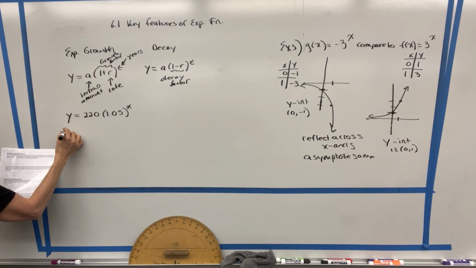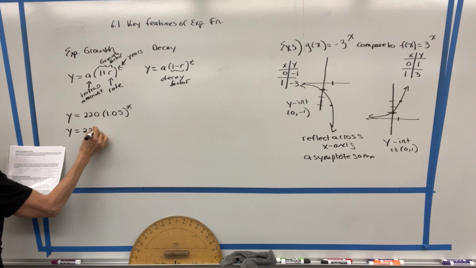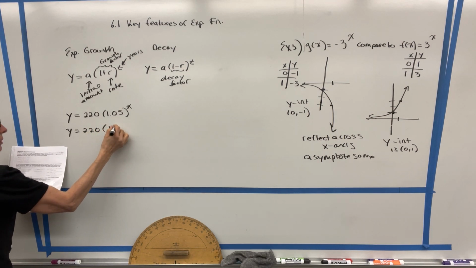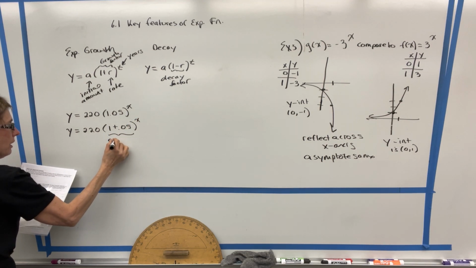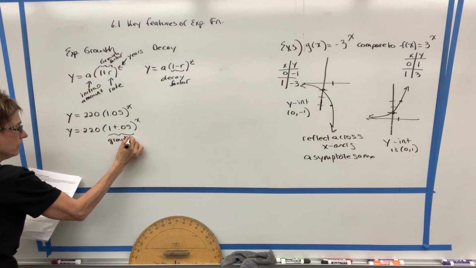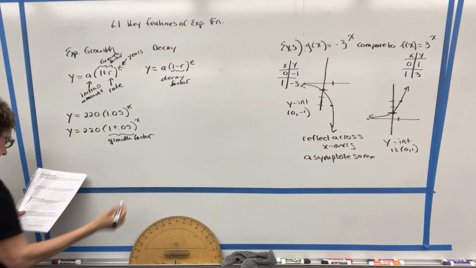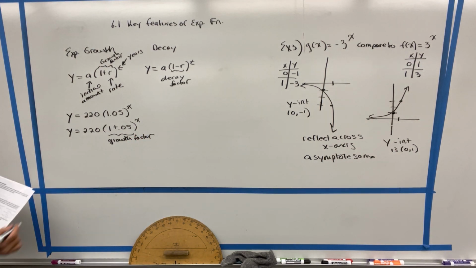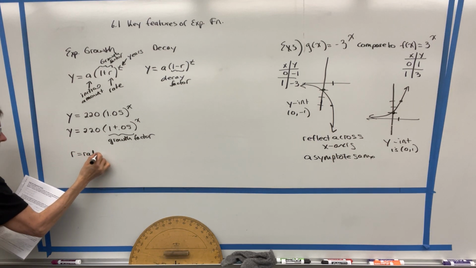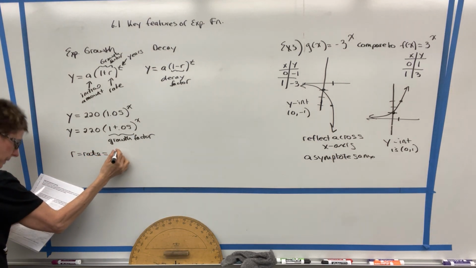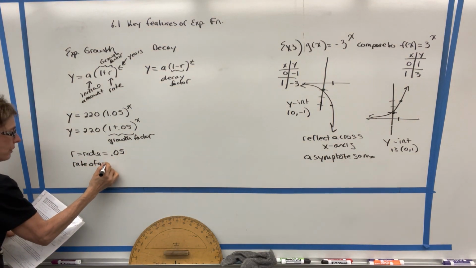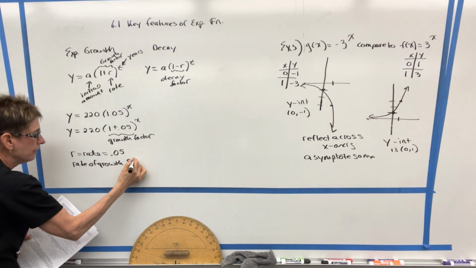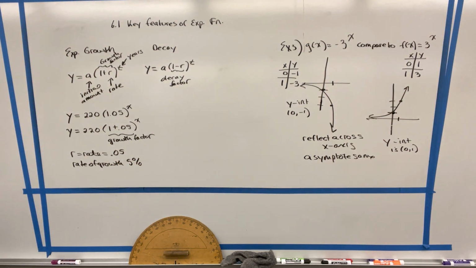We can think of this as y equals 220 times (1 plus 0.05) to the x. So this would be our growth factor. If we're just interpreting this function here, r, which is our rate, would be equal to 0.05. And that means that the rate of growth would be 5%, because 0.05 in percent form is 5%.